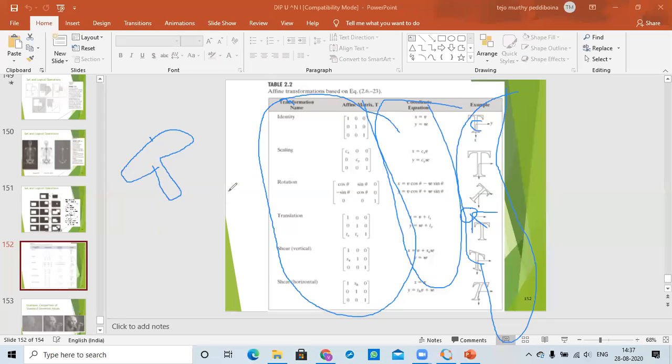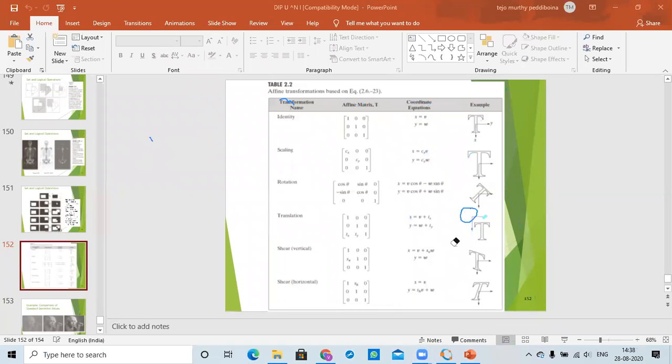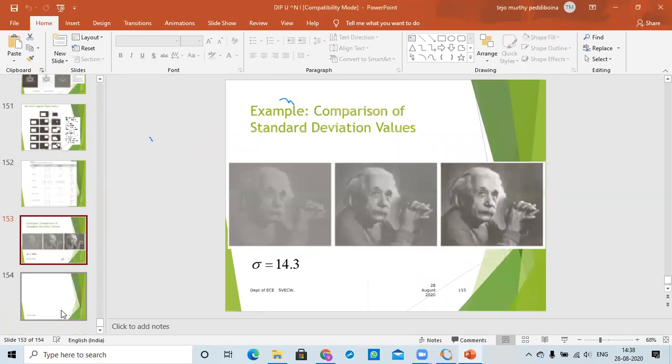You cannot draw an Einstein image or a Lena image in this. So whenever you need to draw some image, you take a simple image like a chessboard, or a simple image like a T or letters.